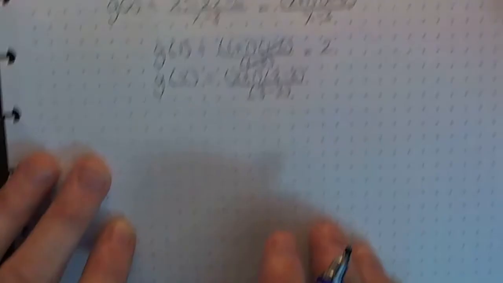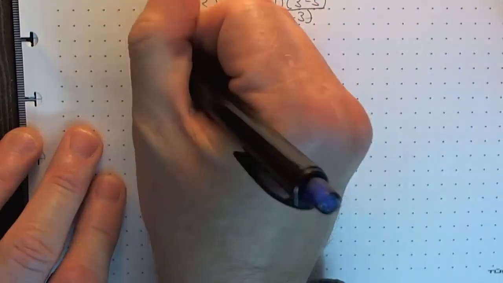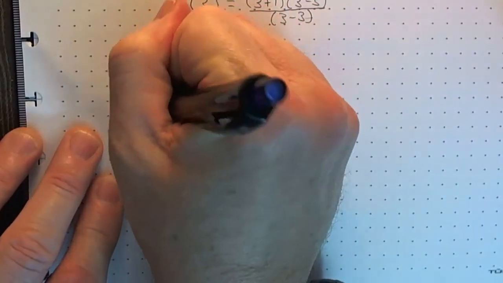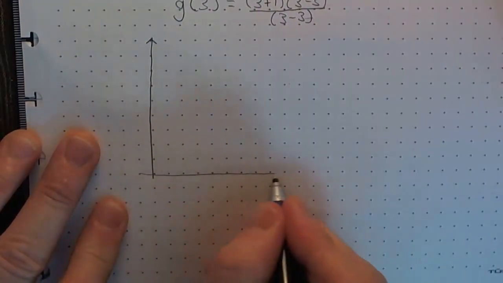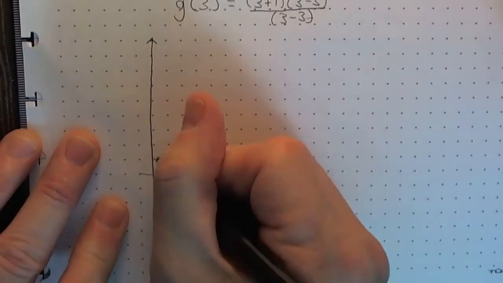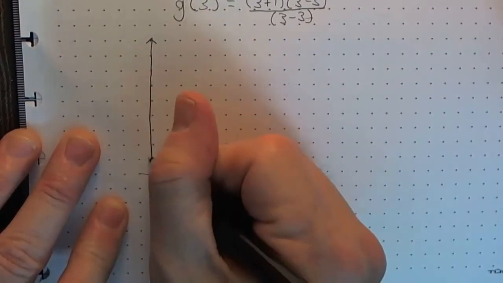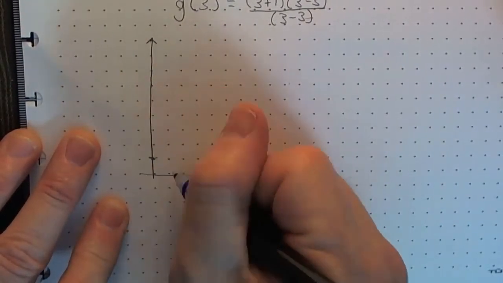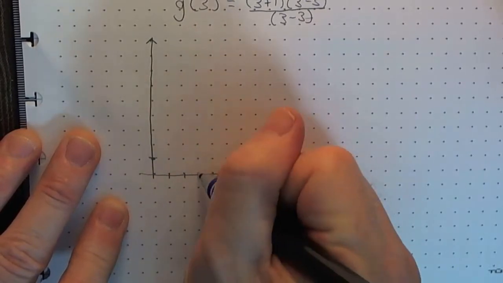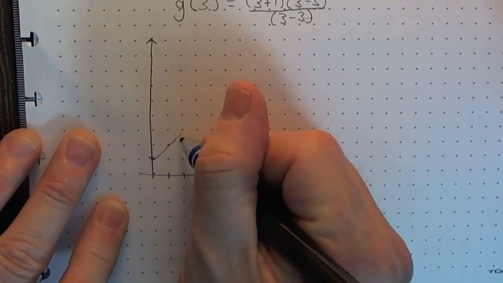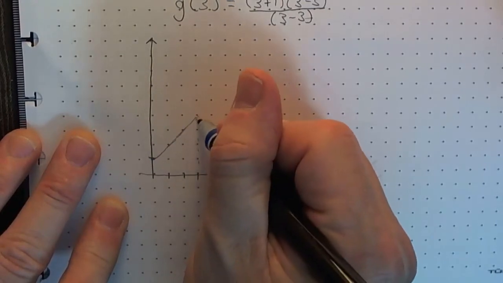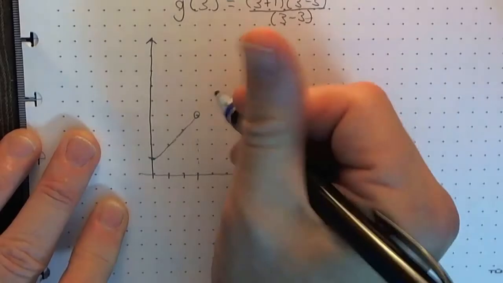So if you look at what this graph looks like, this g of x graph looks just like f of x. It has an intercept here, and look, here's 1, 2, 3. Now, it has a slope of 1, but right here it has a circle.